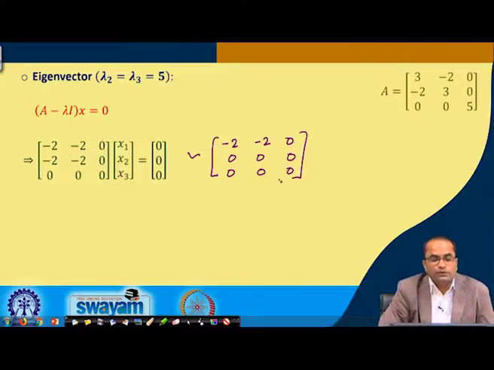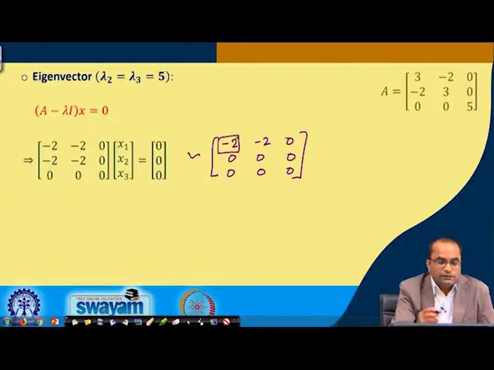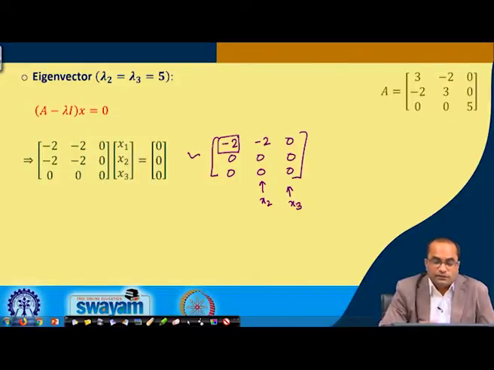So, this is the row reduced echelon form corresponding to this matrix, which suggests that we have this pivot element, and that is the only pivot element. So, we can choose x 2 and we can choose x 3, whatever we like. Here let us take this alpha 1, and here alpha 2.